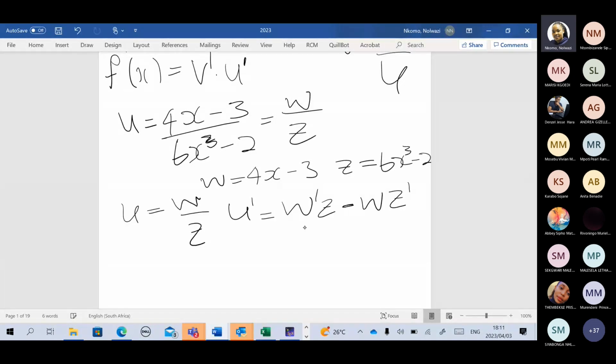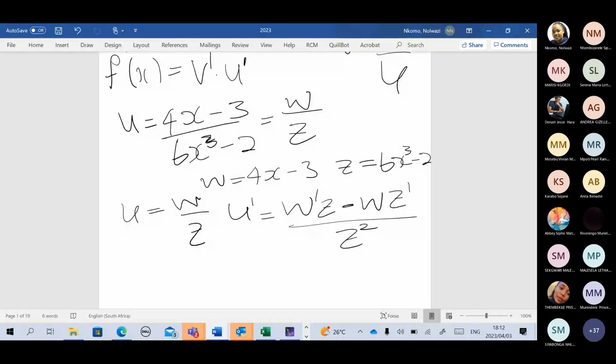To use the quotient rule, we need z and w and also their derivatives. For now we only have w and z, so we need their derivatives too.